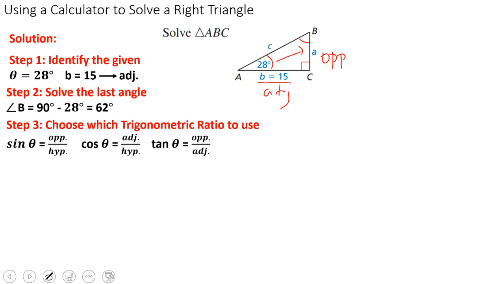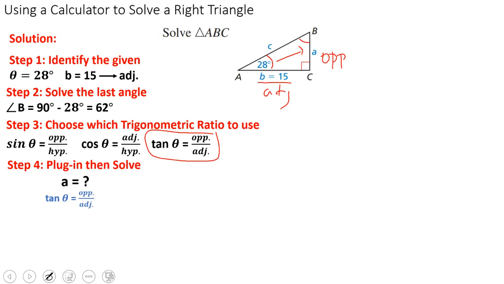To choose the trigonometric ratio to be used, we depend this on the given. For our given, we do have our adjacent side and the opposite side. Therefore, we will be using our tangent theta, opposite all over adjacent. Step number 4, we need to plug in and solve.